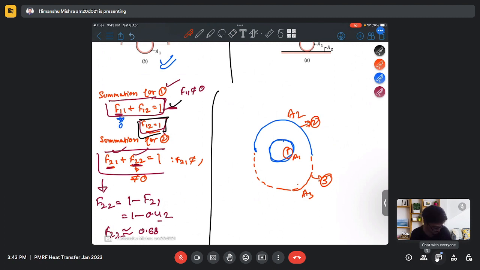So again we use the summation rule at surface 1. And we can easily find that whatever radiation comes out from surface 1 cannot fall back at surface 1, which means my F11 will be 0.